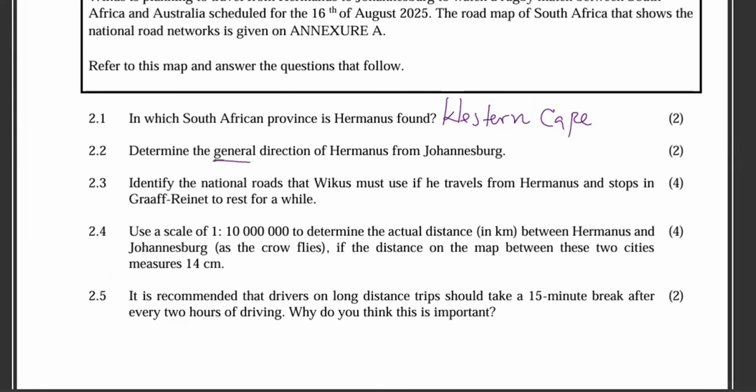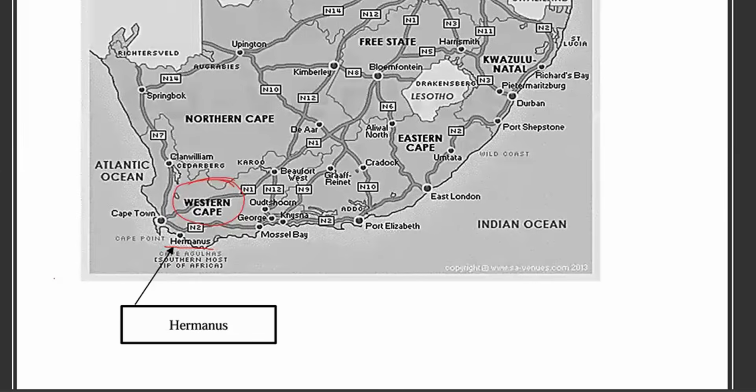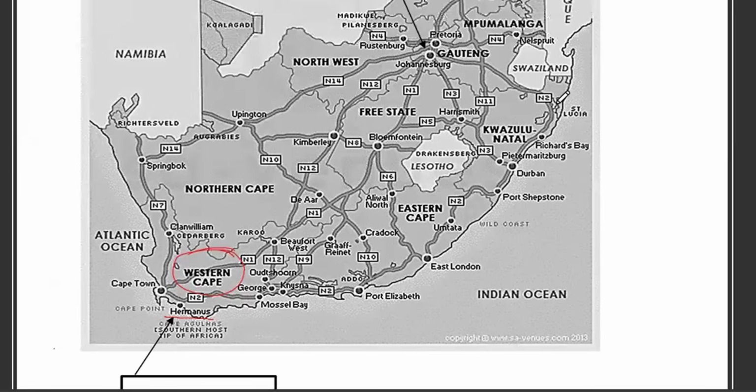Now, determine the general direction. The moment you hear general direction, it simply means you're not going to tell us which roads the person is going to use, but we need to know north, south, northeast, northwest, or west, east. You understand? So let's look at this. They're saying of Hammonds from Johannesburg. That means the person is in Johannesburg. We draw a compass here like this, then which direction is this?